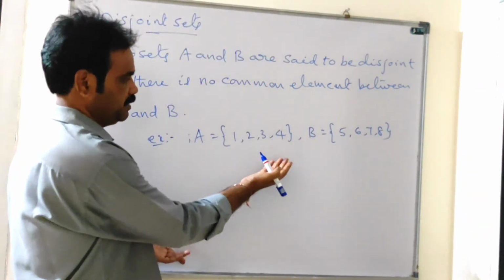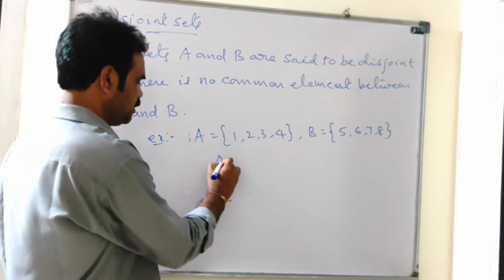Observe A and B. They don't have common elements, and hence A, B are disjoint.